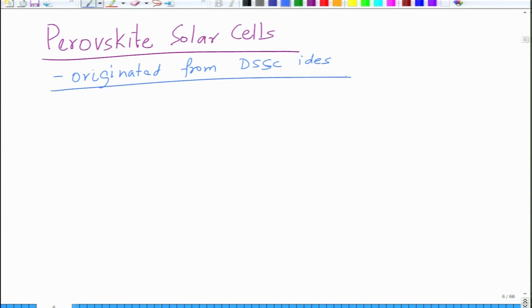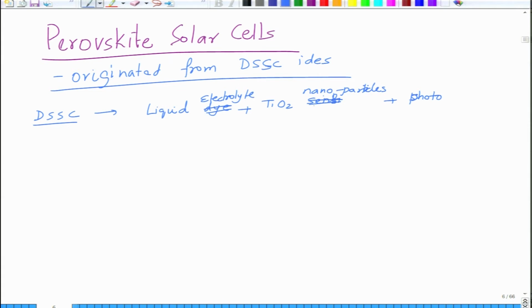In the DSSC initially we had a liquid electrolyte plus TiO2 nanoparticles, which act as a photoelectrode, plus a photosensitive dye.